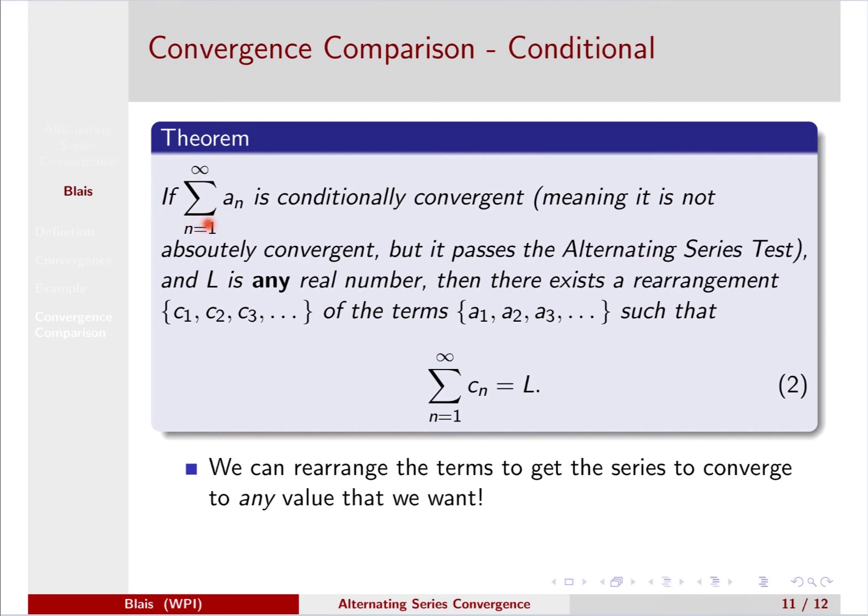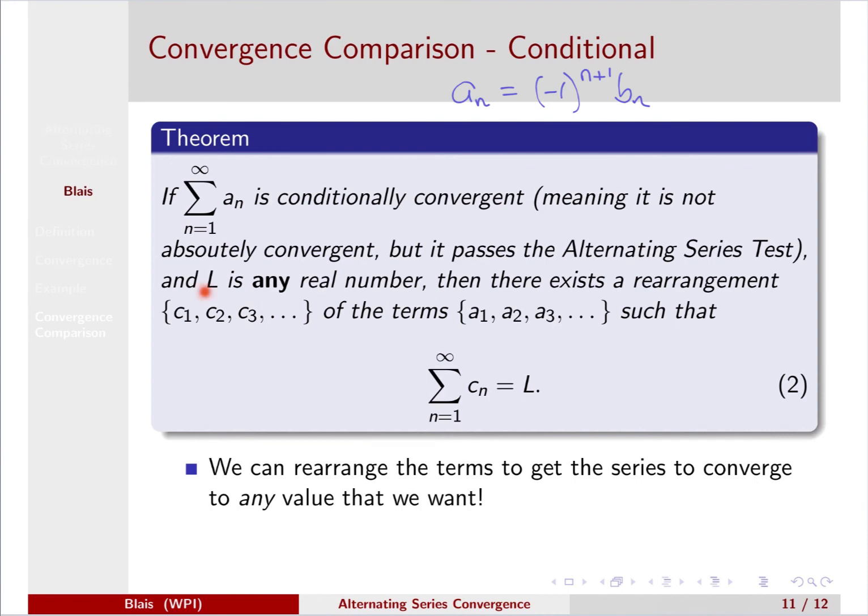If our sum, n going from 1 to infinity of a sub n, and again, in this case, think of your a sub n's as the terms from our alternating series, (-1)^(n+1) times b sub n, is conditionally convergent, meaning it's not absolutely convergent, but it does pass the alternating series test, and L is any real number, then there exists some rearrangement, c1, c2, c3, and so on, of the terms from our series, such that the sum of that rearrangement of terms is equal to L.